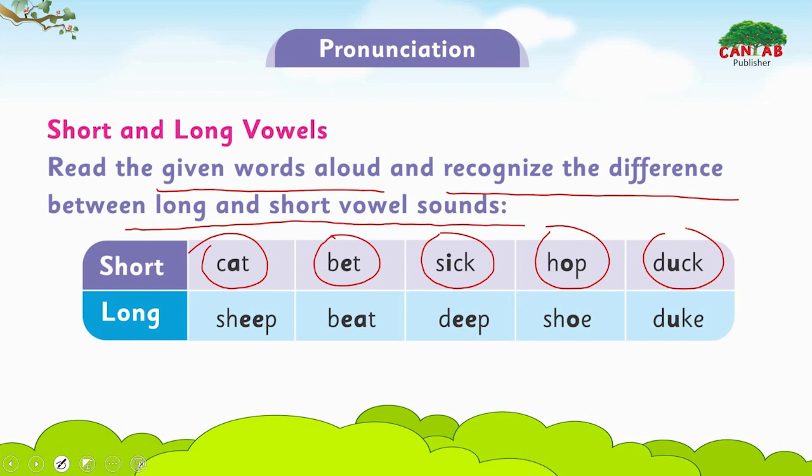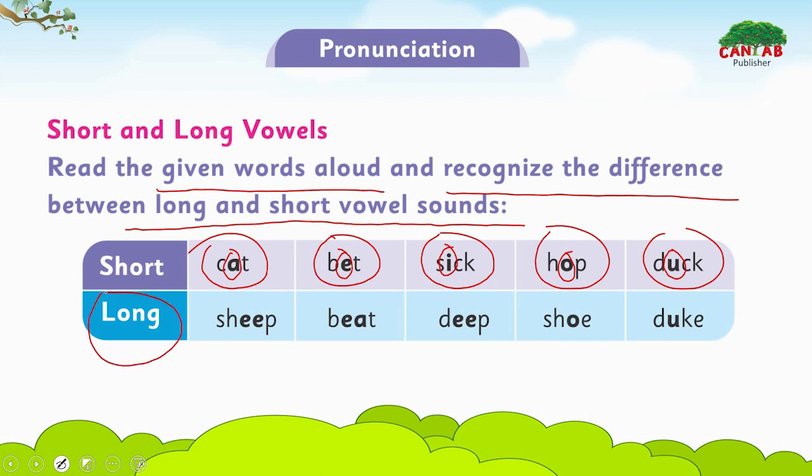In all of the 5 words, what are you listening to? The vowel in between sounds like what? A shorter sound. That is cat. That is bat. That is sick. That is hope. That is duck.